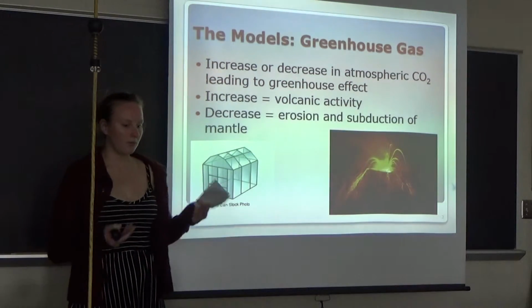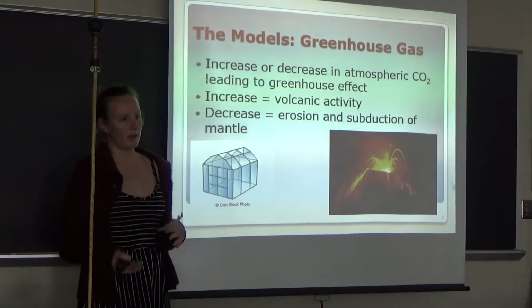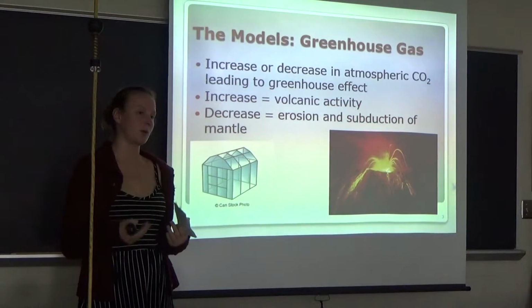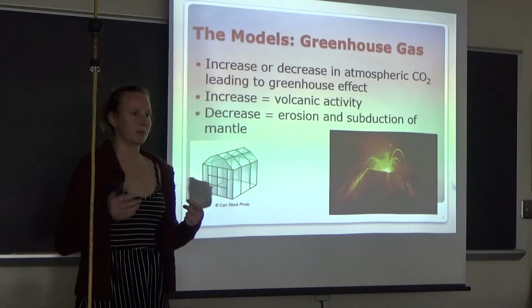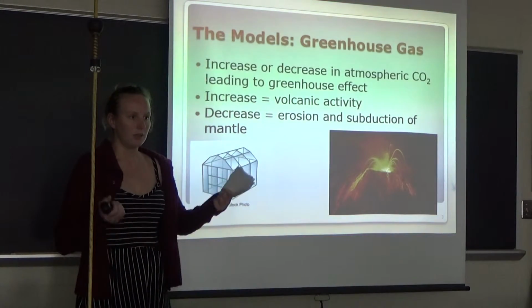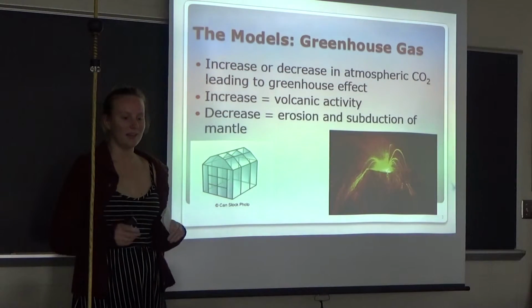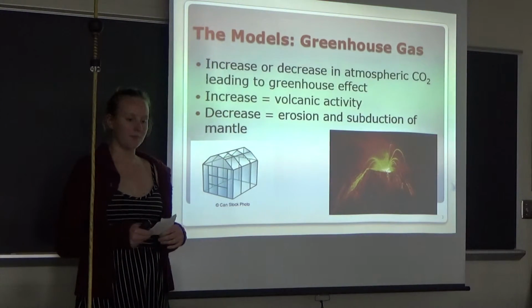The input comes from volcanic activity, and the sink comes from the CO2 going into the mantle through erosion, where it becomes bicarbonate and is no longer CO2. I mean, bicarbonate is still inorganic, but it's no longer CO2.